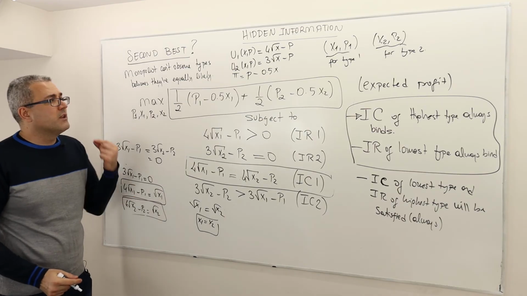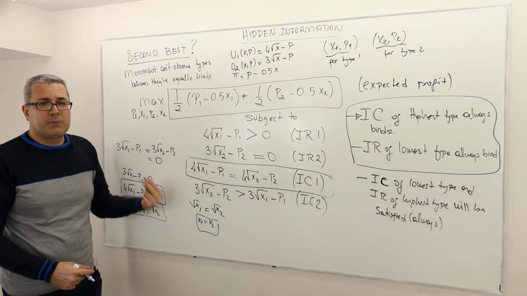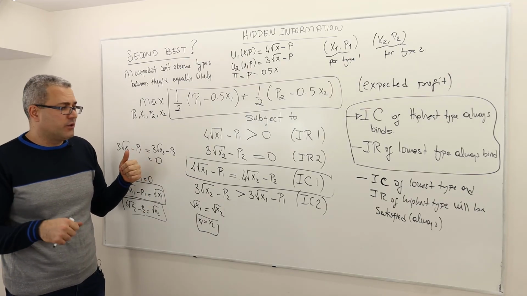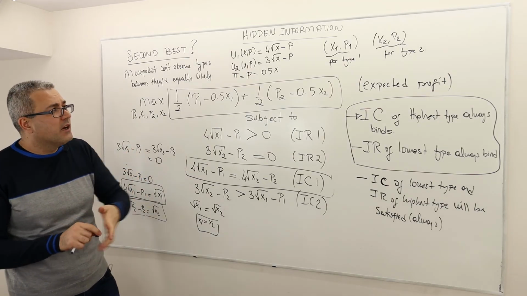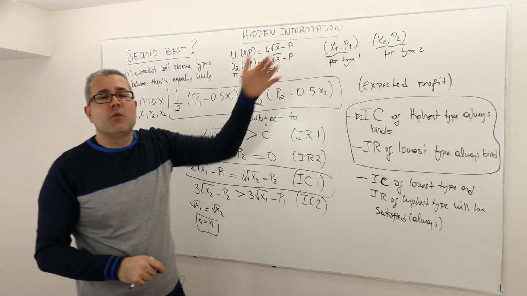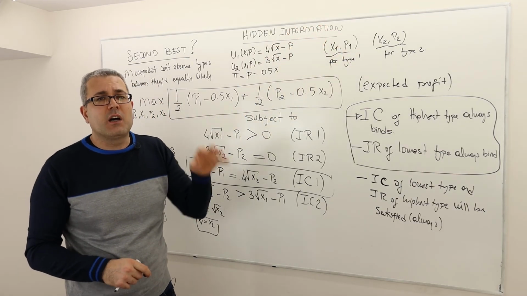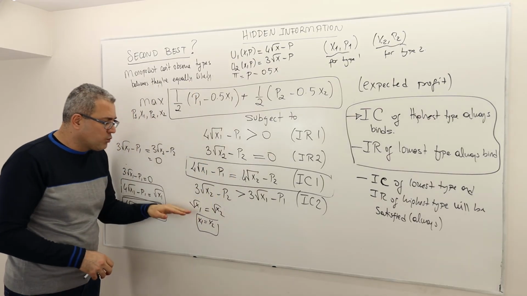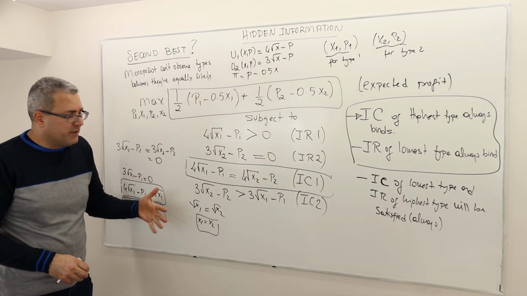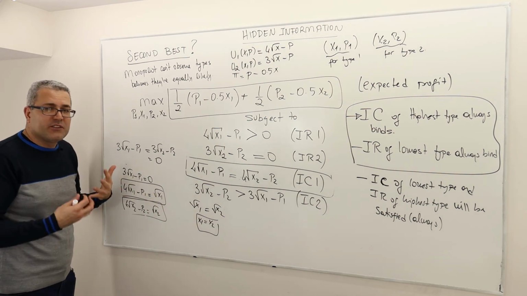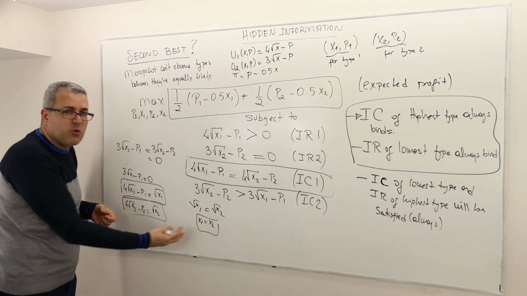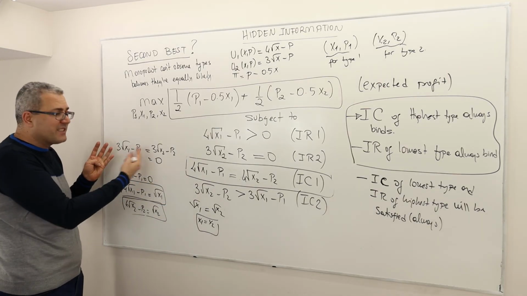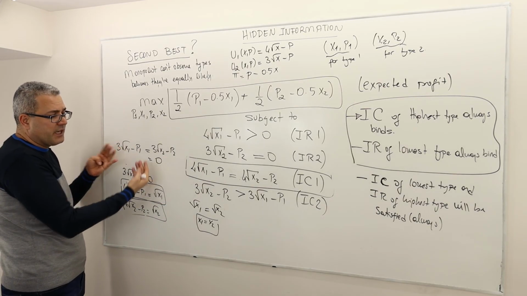But remember, once again, the solution of this optimization problem cannot be the case that x1 is equal to x2 or p1 is equal to p2, because if this is the case, we know that both types are going to choose only one of the bundles. So x1 has to be different than x2. So we get a contradiction because this equality cannot hold. So that contradicts the assumption that these two are equal to each other.